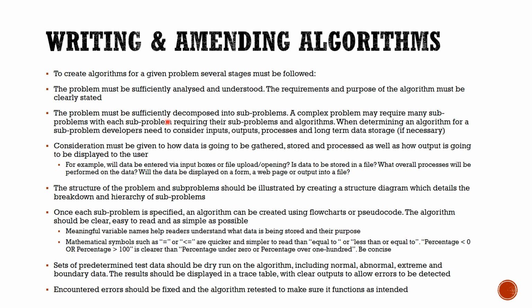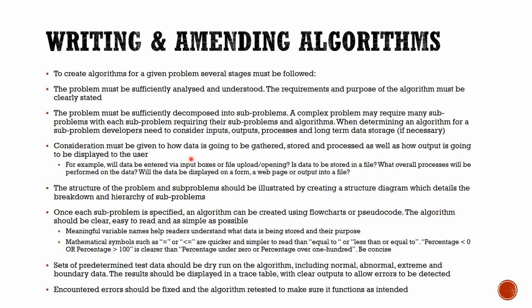The problem must be sufficiently decomposed into subproblems. A complex problem may require many subproblems, with each subproblem requiring their own subproblems and algorithm. When determining an algorithm for a subproblem, developers need to consider inputs, outputs, processes, and long-term data storage if necessary.